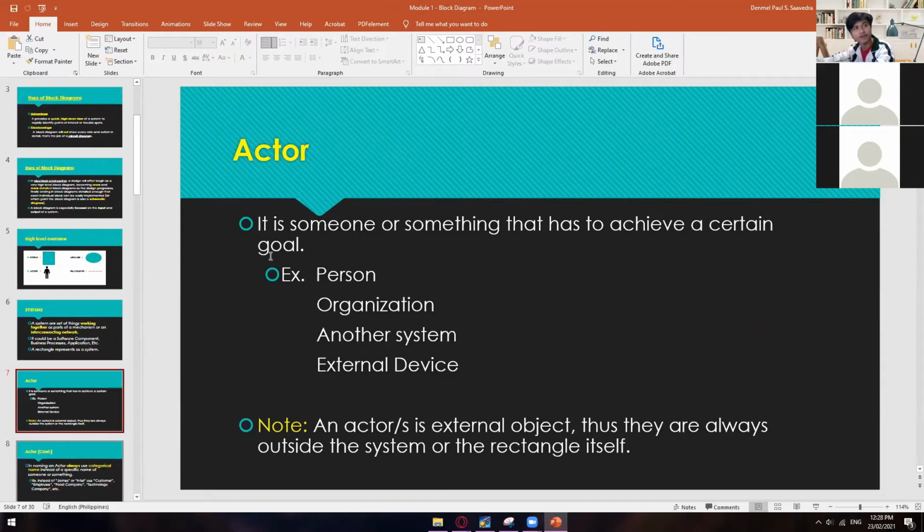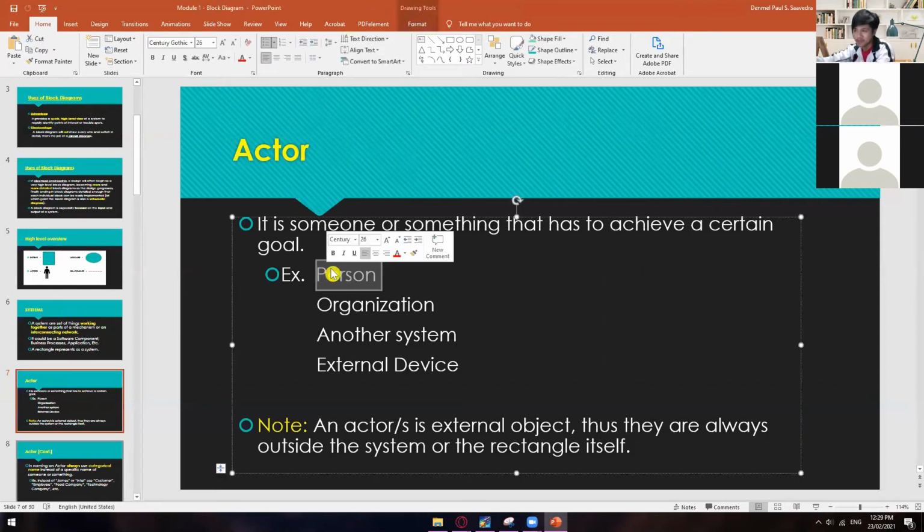What will he give to our system, and then what is he expecting that will be given back to our system if he has a certain input? Again, an actor is not limited to a person or customer only. It could be an organization, another system, or an external device. All right. So just keep this one in mind.